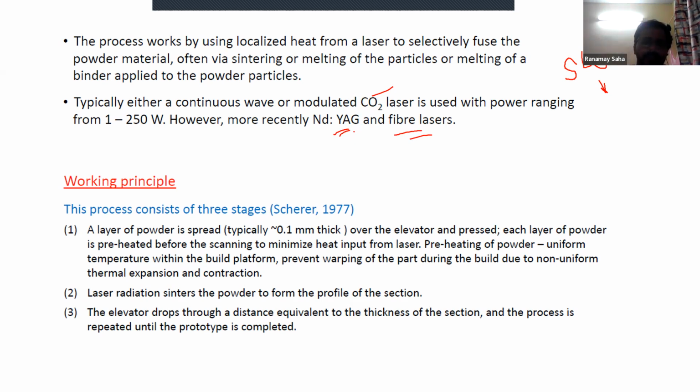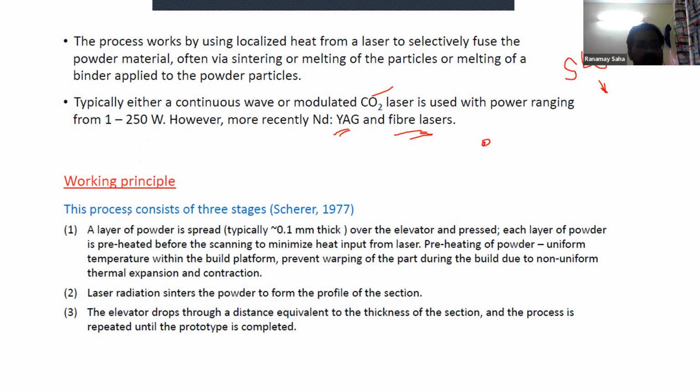Nd:YAG and fiber lasers produce much higher powers as compared to CO2 lasers, but the issue is they are highly expensive. However, you can get very short wavelengths around 1 micron in both Nd:YAG and fiber lasers. Fiber lasers happen to be the most expensive ones, and you can get very high resolution and a very small spot radius.